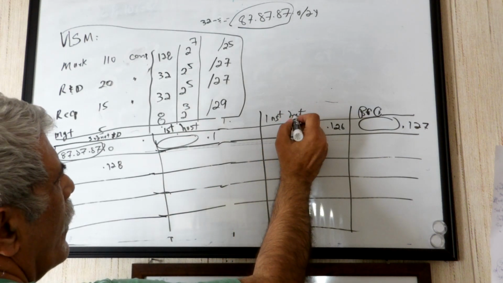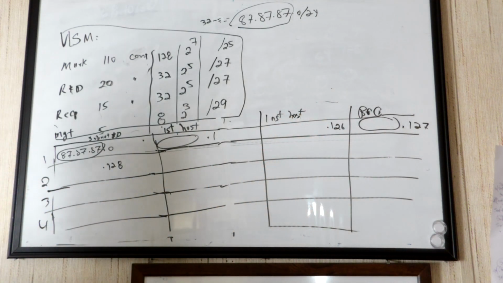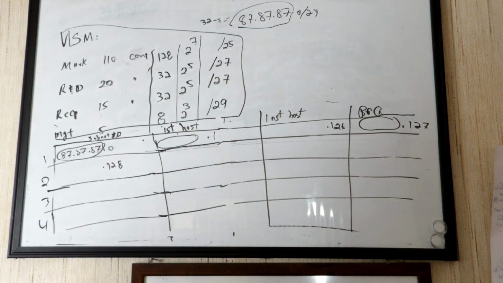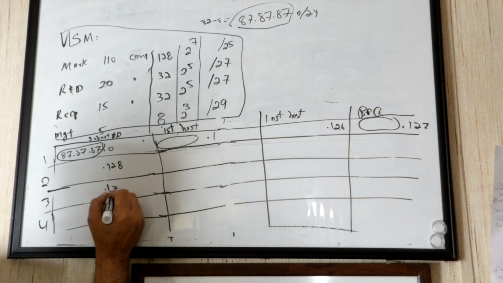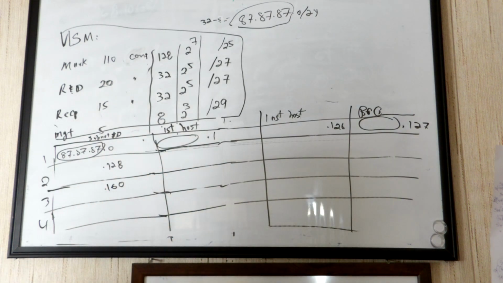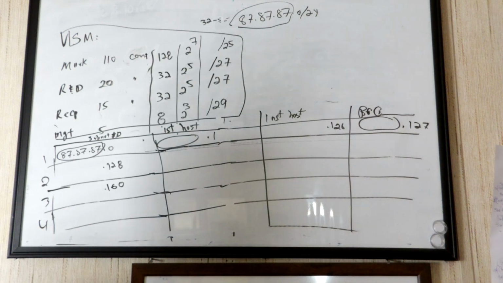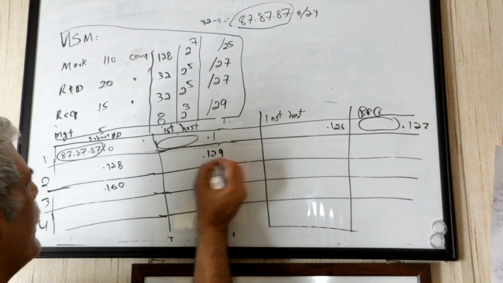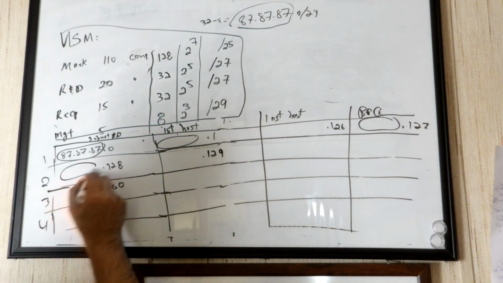And the next one is going to be 128. Okay, from 128, it's going to be 32. So we add 32, it's going to be 160. So the first host is 129, means we got all these here, you know.